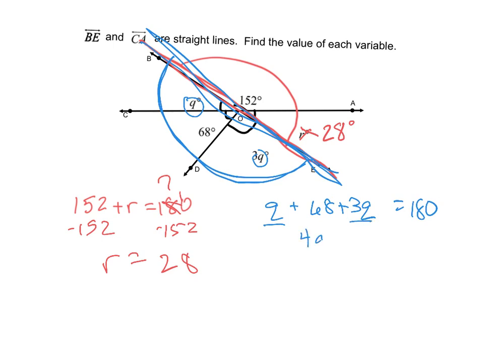Combine like terms. I need to get my variable term by itself, so I'm going to subtract 180 from both sides. I'm left with 4Q on the left-hand side. On the right-hand side, 112. Divide by 4.